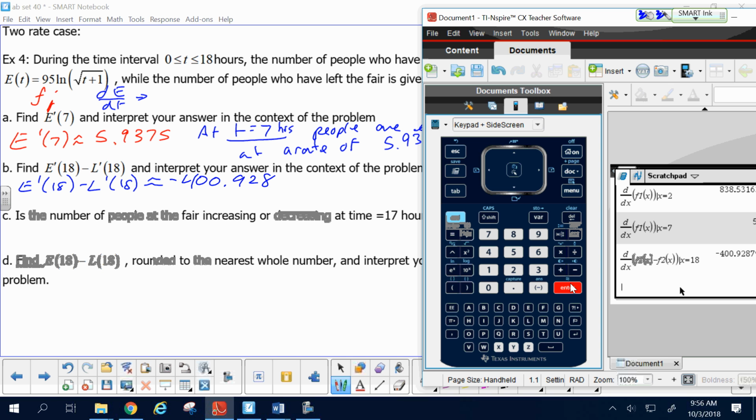Now, because that's negative, the amount of people is increasing or decreasing? Decreasing, all right, because that's negative. So let's go here.